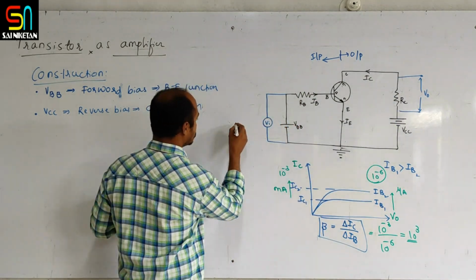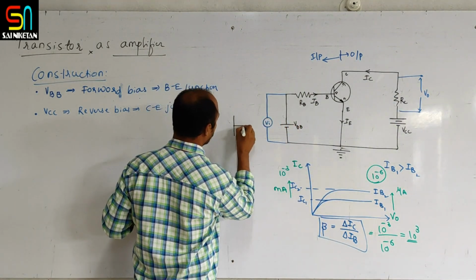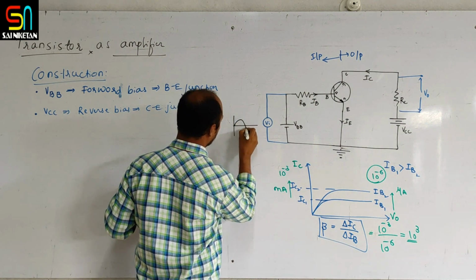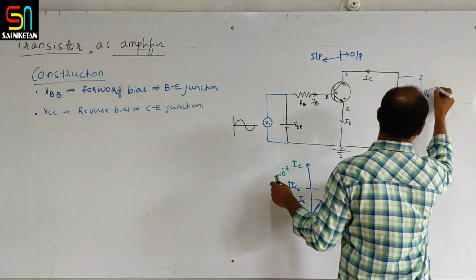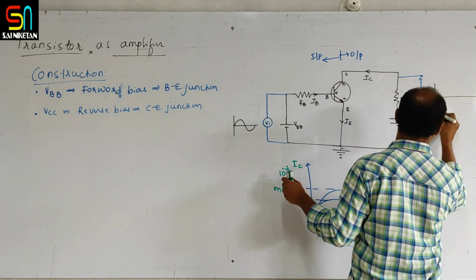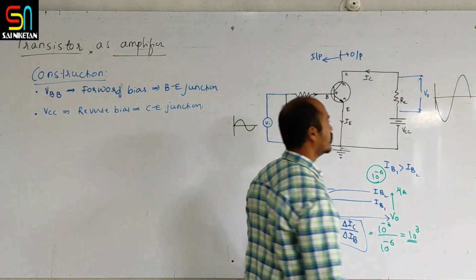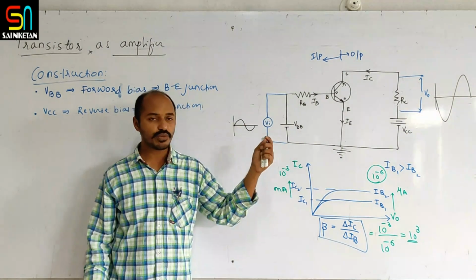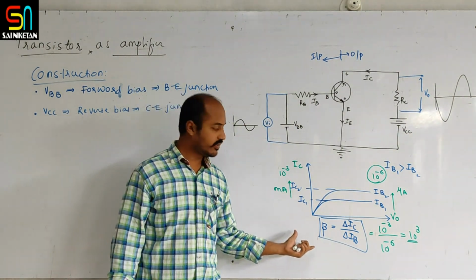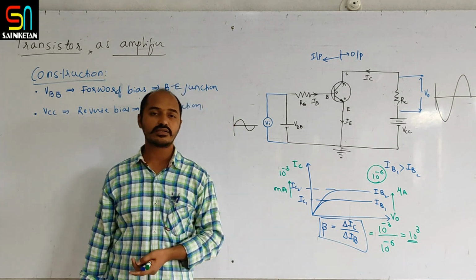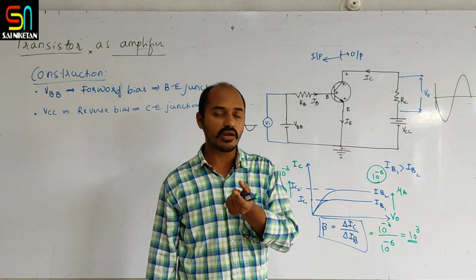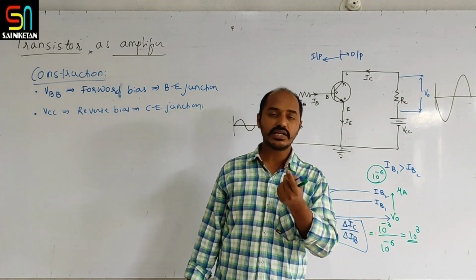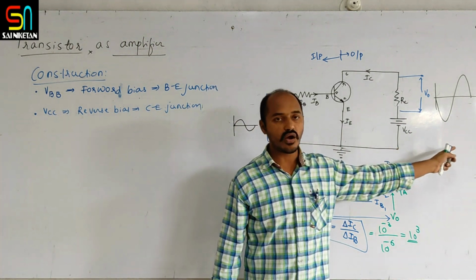If it is supplying a very small signal, then the output signal will be very useful. So this is what the function is. Very simple. From the output characteristic, as the input current increases by a very small amount, there will be an increment in output current.